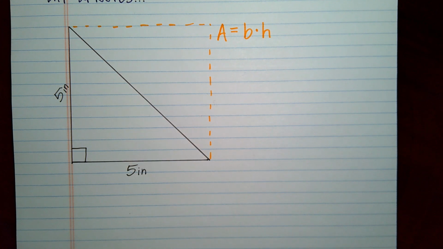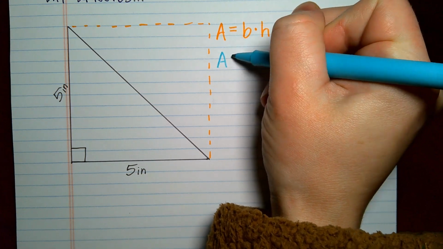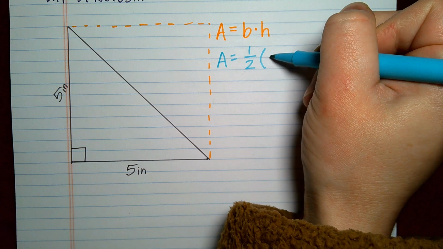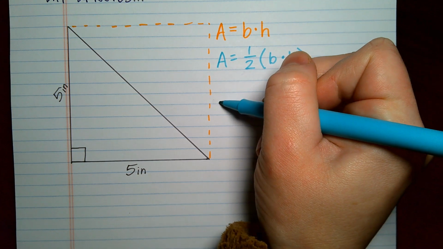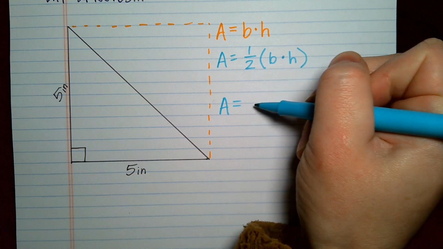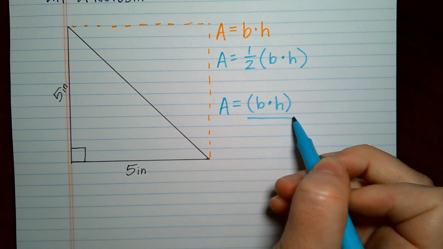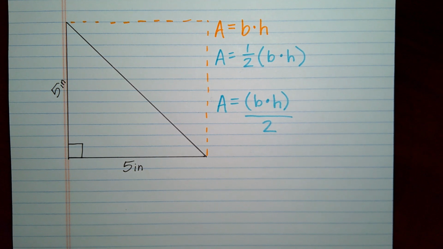That's really it. The area of a triangle is 1/2 base times height. So you can take it times 1/2, or you could write it as base times height divided by 2. Both will give you the exact same answer.